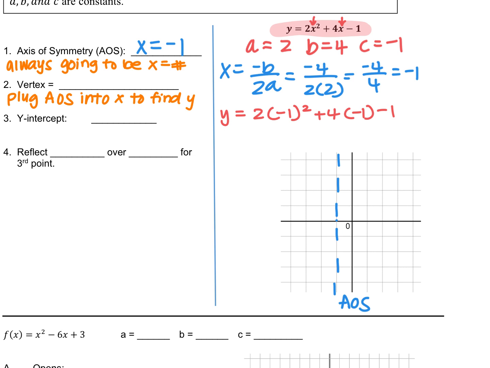So we basically plug x in. When we evaluate that, we should get -3. It's okay if you didn't do that as fast. I have the answer key, don't forget. But you should get -3. So that means my vertex is at -1, -3. 1, 2, 3. So here's my vertex.